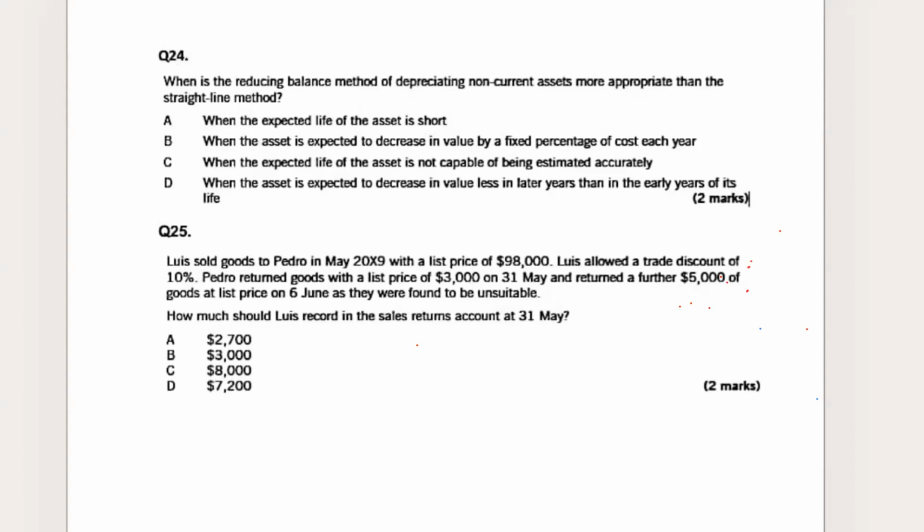Louis allowed a trade discount of 10%. Pedro returned goods with a list price of $3,000 on 31st May, and returned a further $5,000 of goods at list price on 6th June, as they were found to be unsuitable. How much should Louis record in the sales returns account at 31st May?